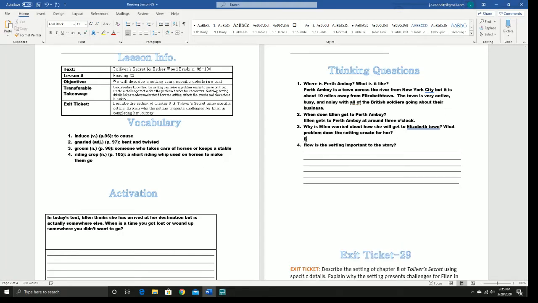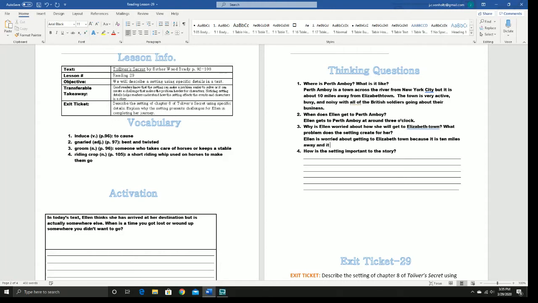So first part is Ellen is worried about getting to Elizabethtown because it is 10 miles away and it is getting late.